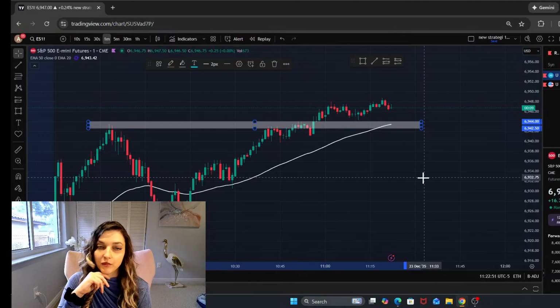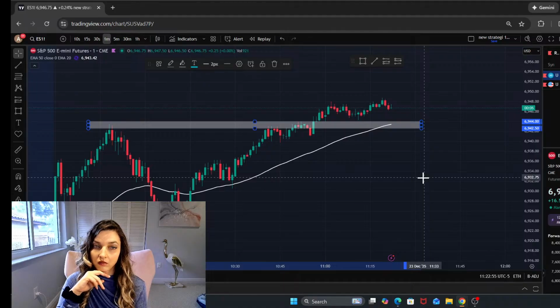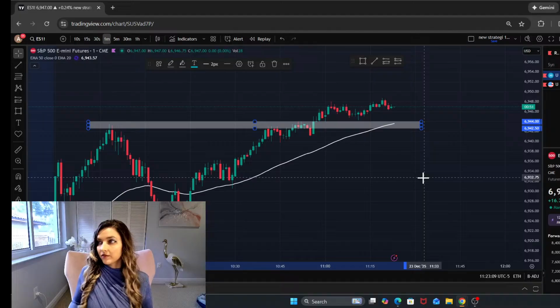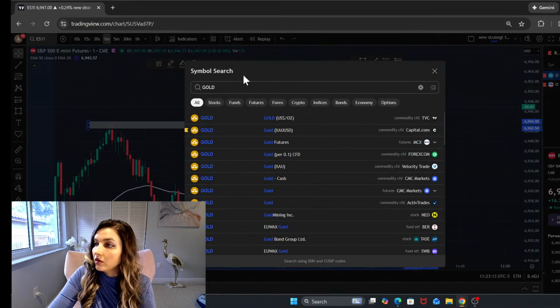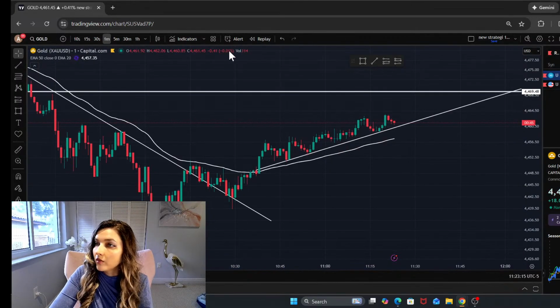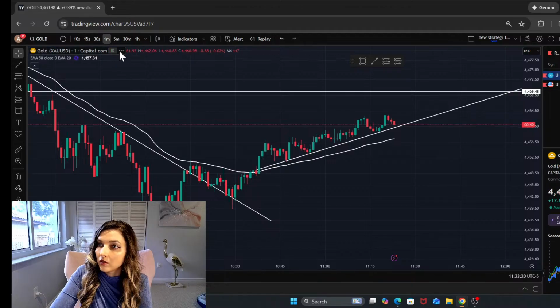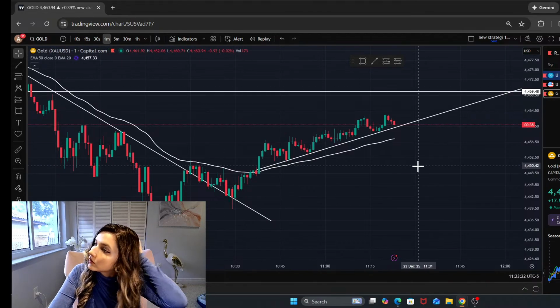I don't know if the short is going to happen in the next 5 minutes. I don't think it's going to happen in 5 minutes. Let me put gold at the red here, so I have it at the red. Here we go.